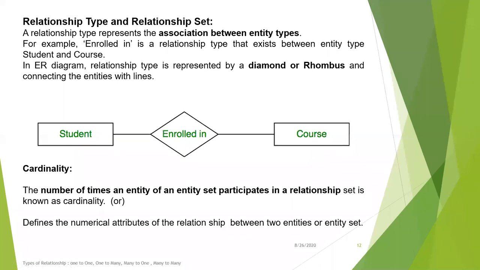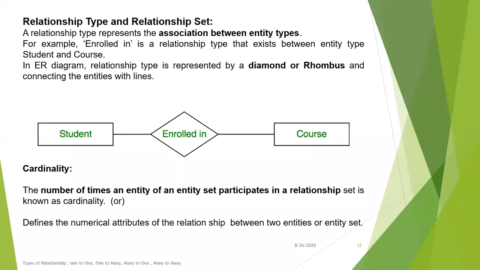Another important definition for you is cardinality. What is meant by cardinality? The number of times an entity of an entity set participates in a relationship set is known as cardinality. Normally we express the number of times of participation numerically only.